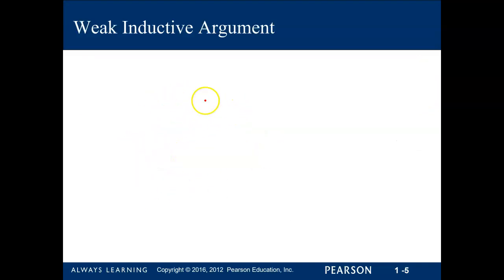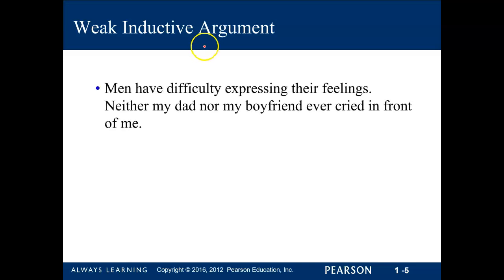So, like I said earlier, your inductive argument can be strong or weak, depending on the number of observations that you may have. For example, men have difficulty expressing their feelings. This is the conclusion. Why was this the conclusion of the speaker? Neither my dad nor my boyfriend ever cried in front of me.